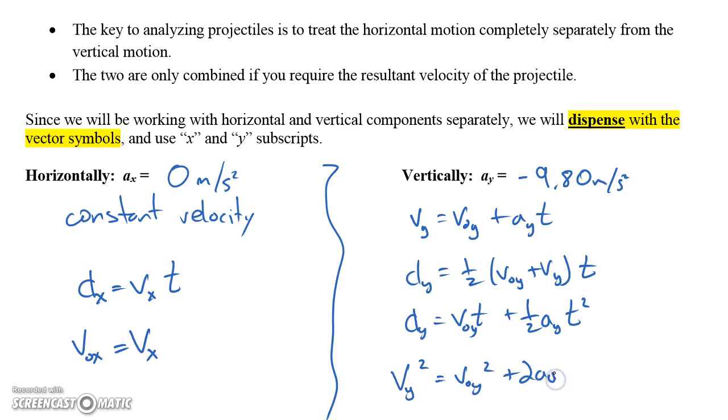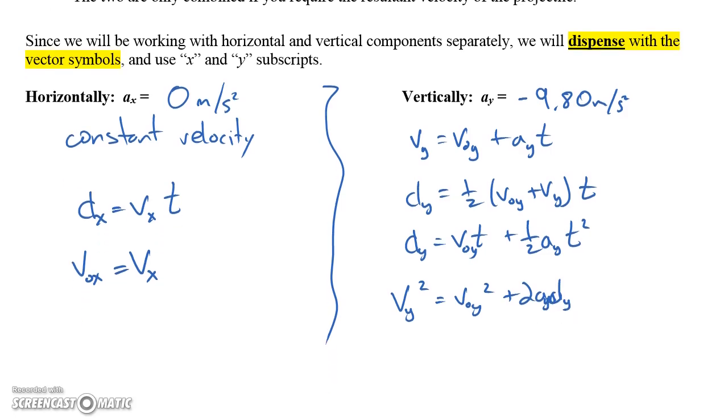And ay will always be negative 9.80 meters per second squared. For projectile motion, it's just like free fall, always going to be that situation.